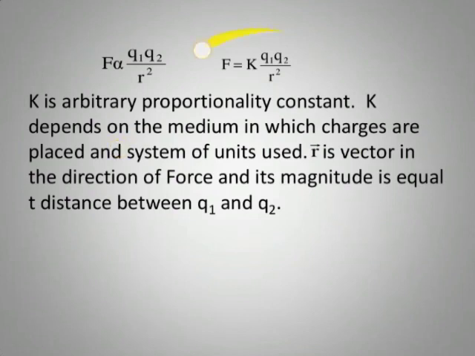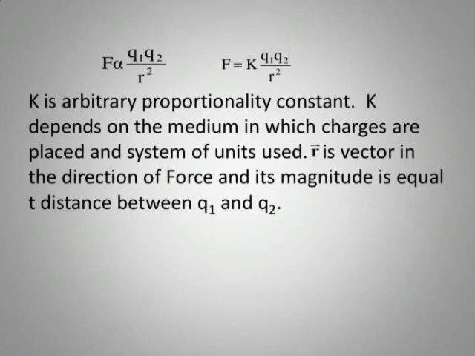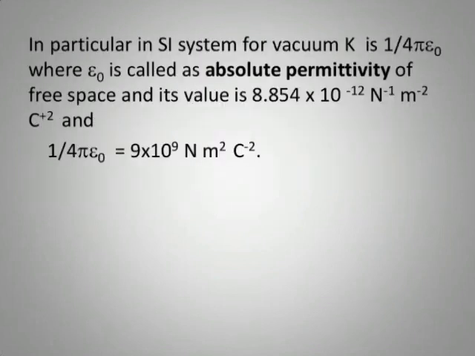So now, as I told you, this is the value of forces you would get. F is equal to K Q1 Q2 divided by R square, and K is a constant. Knowing the value of K, you can see that K is 1 divided by 4 pi epsilon naught.